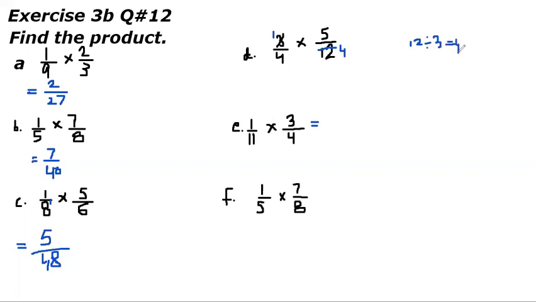That's why I have written 4 here. And why have I written 1 here? Because when we divide 3 by 3, it gives us 1.